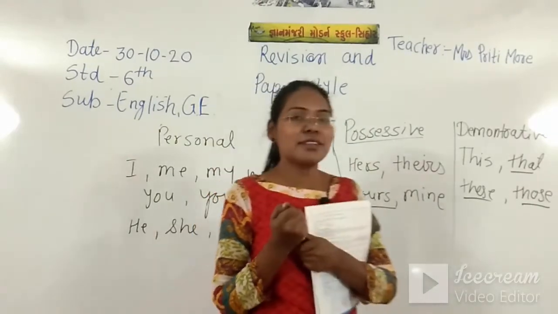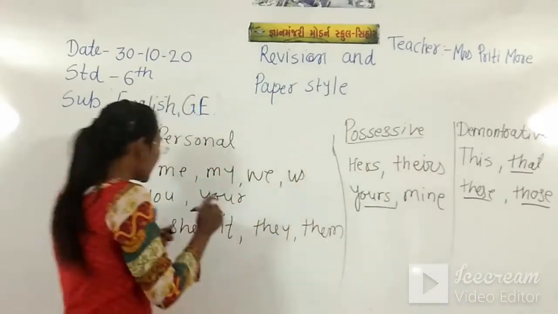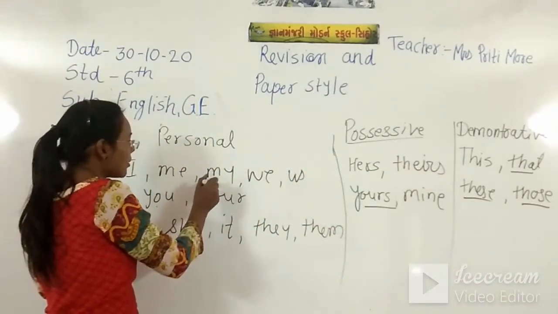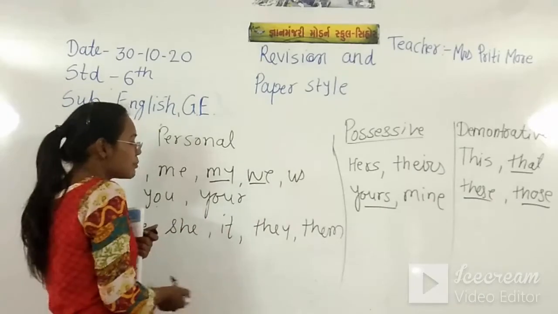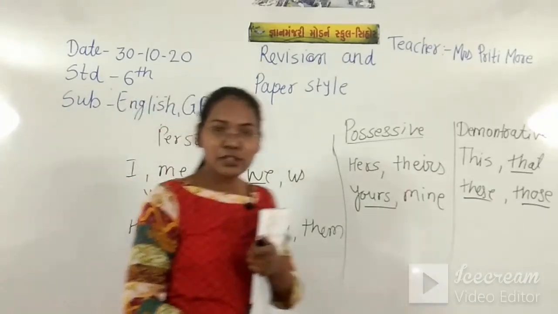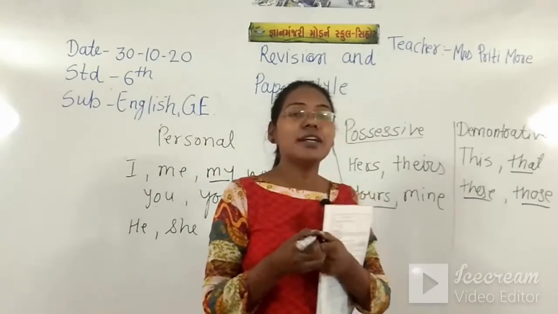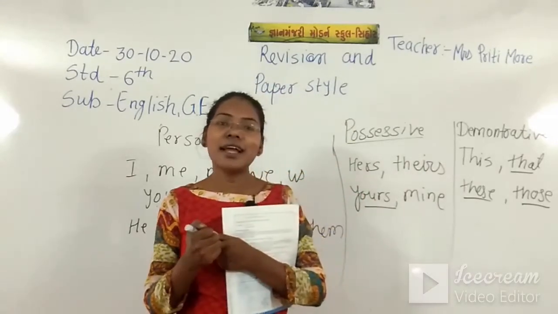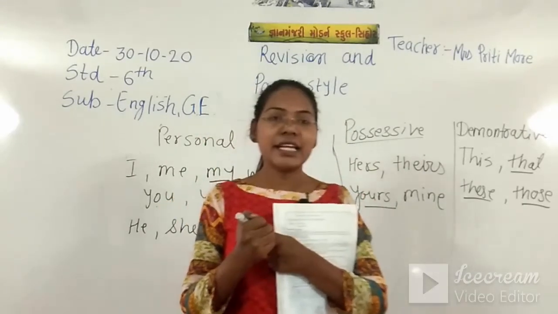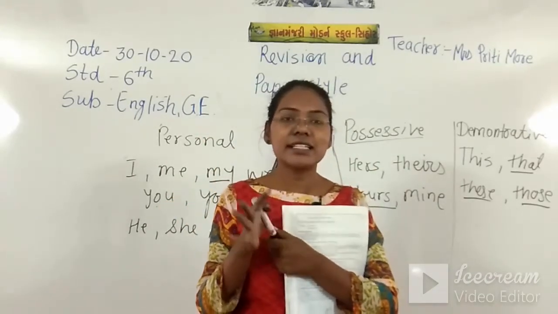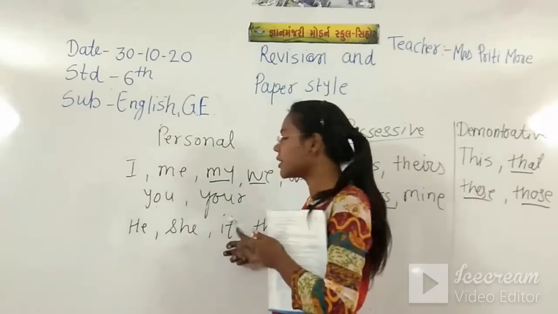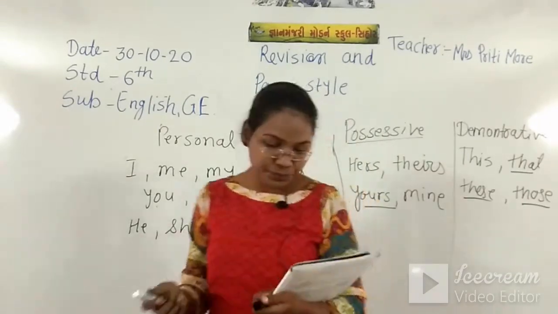It is demonstrative pronoun. If you, your, we, like these pronouns are underlined and the question is to identify the underlined pronoun and state its kind, this is the personal pronoun.